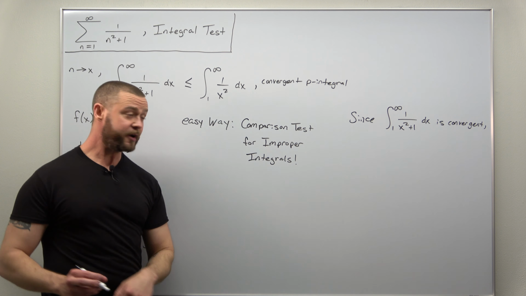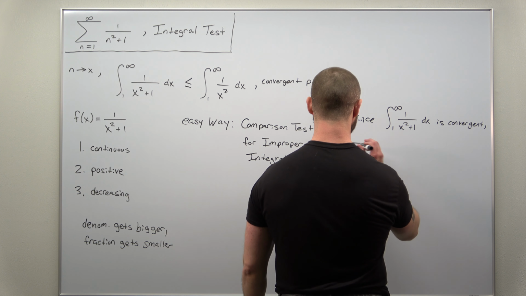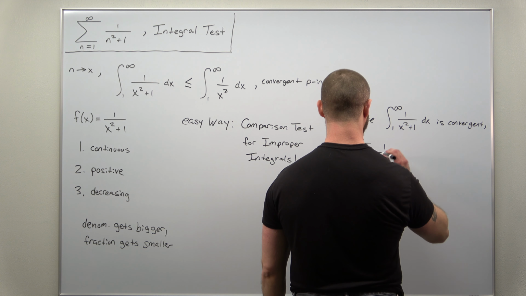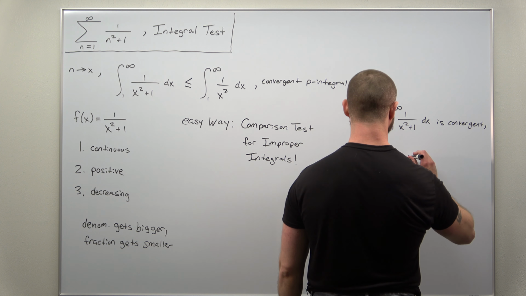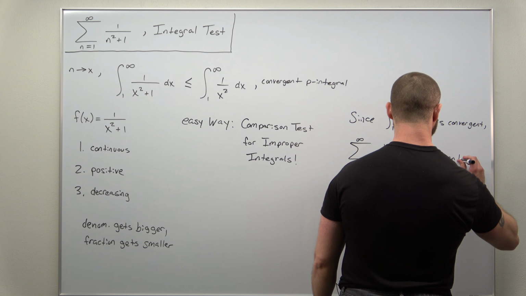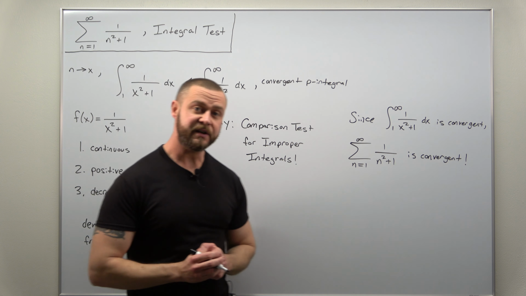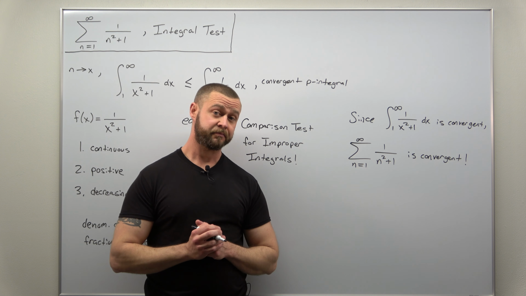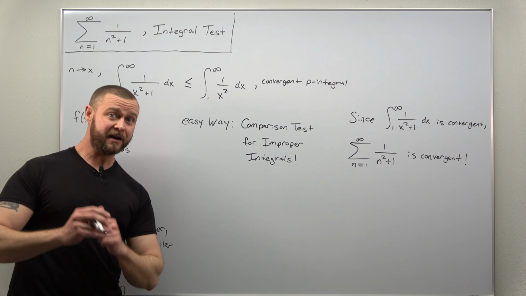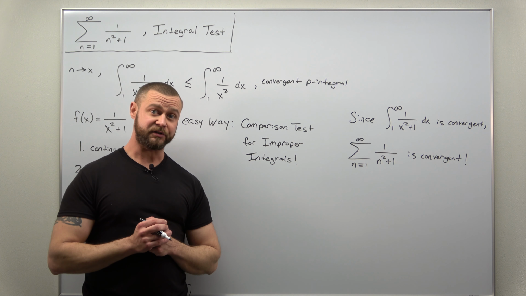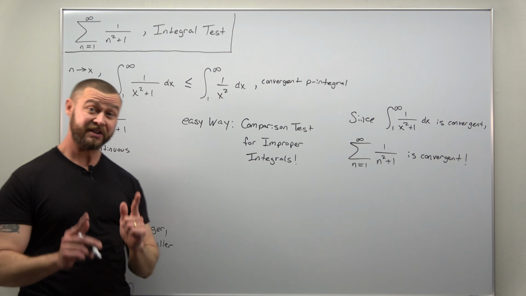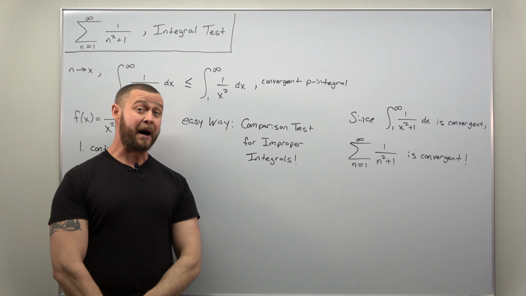So since our improper integral is convergent, the infinite series from 1 to infinity of 1 over n squared plus 1 is convergent. So there we go. The easy way here is to apply the comparison test for improper integrals. We're going to see the way to directly evaluate this right now requires a lot more work.